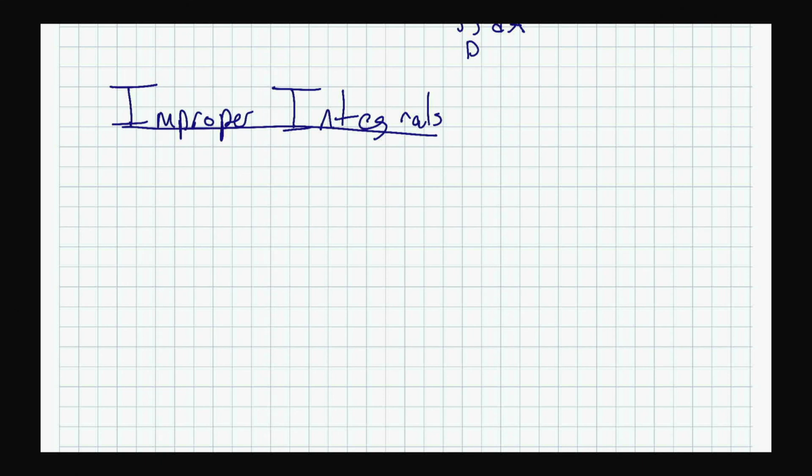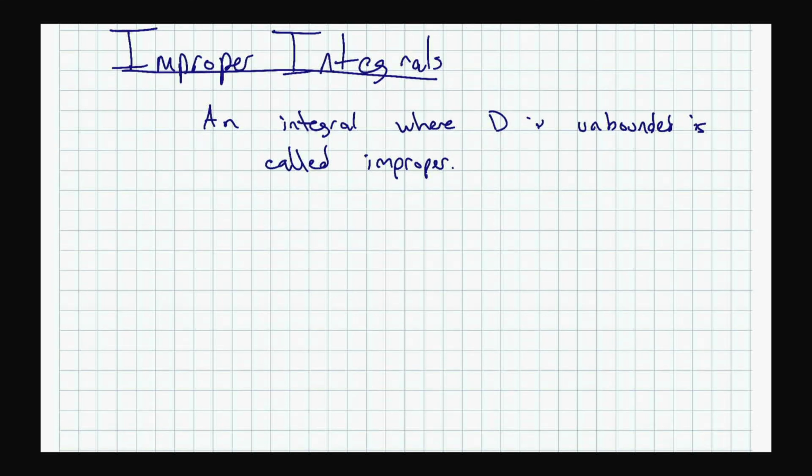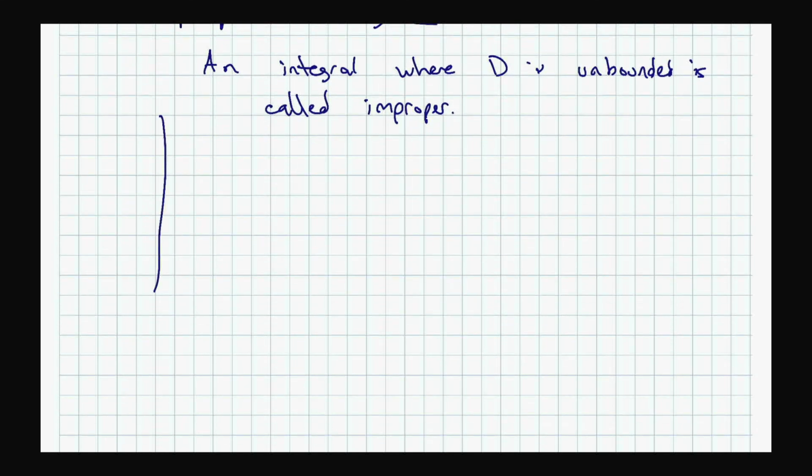So an improper integral is going to be one where D is unbounded. It is called improper. What's an improper domain look like?